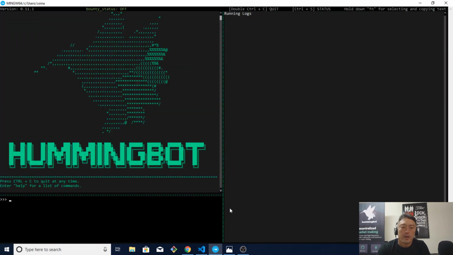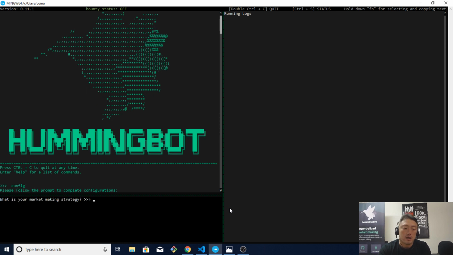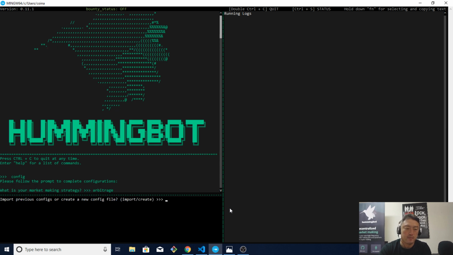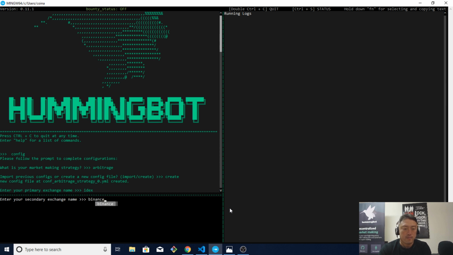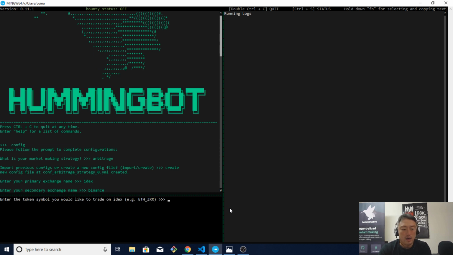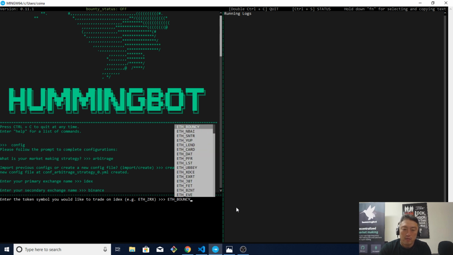The first step in Hummingbot is always a config command to select the strategy. So we're going to start and configure a new arbitrage strategy, and create a new configuration. Initially, we're going to use IDEX and Binance as our two exchange pairs. The reason I picked IDEX and Binance is because there's a trading pair called 0x to ETH.